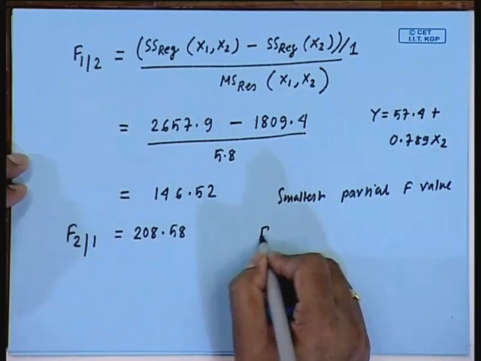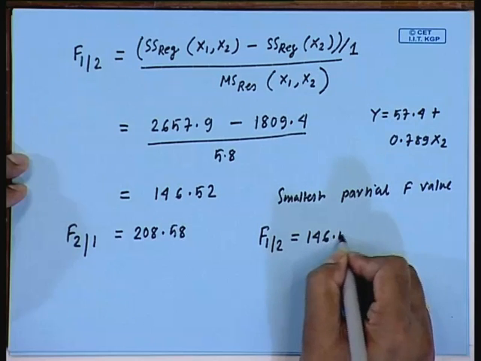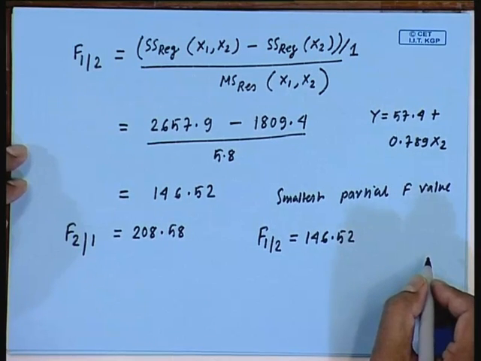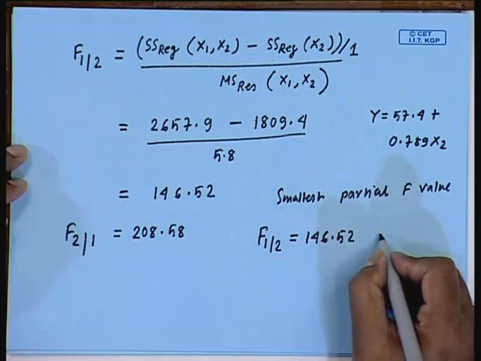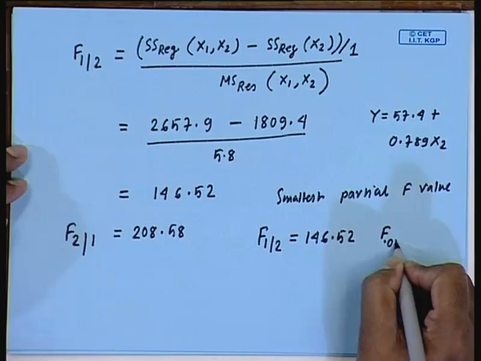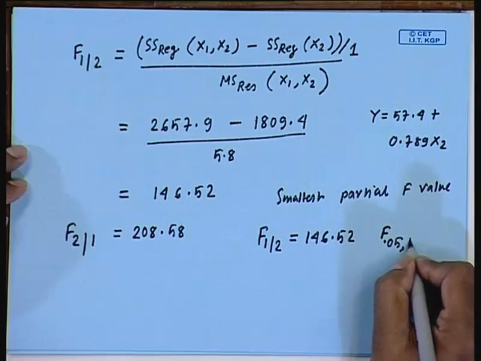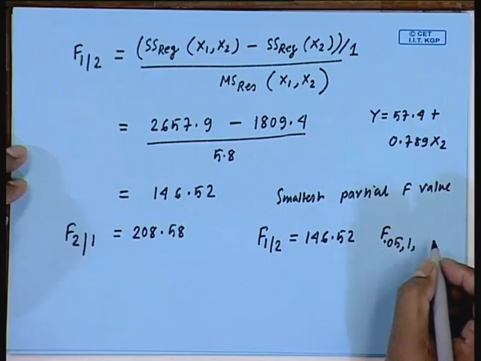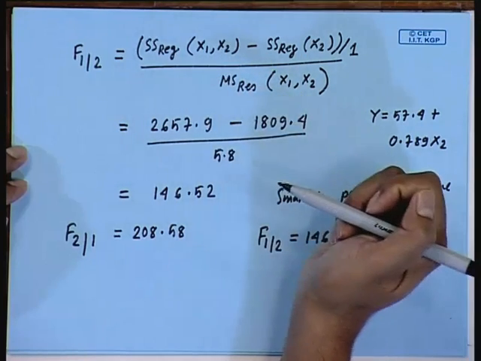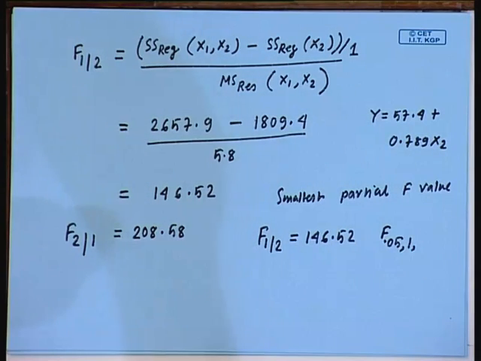f12, which is equal to 146.52, and we compare this value with the tabulated value, that is f.05 with degree of freedom 1, and if there are two regressors in the model, then the number of unknown parameters is equal to 3.